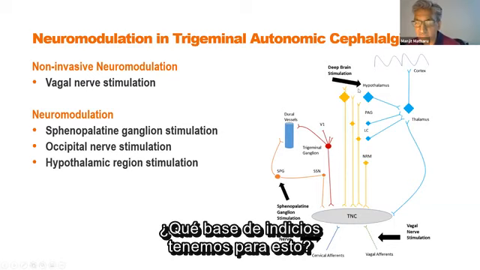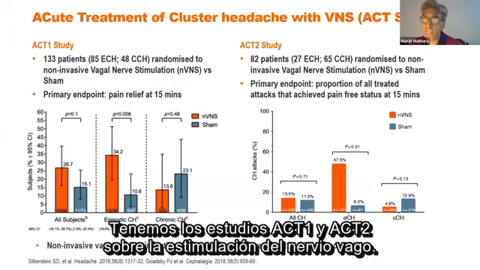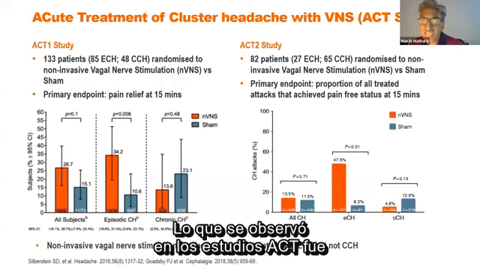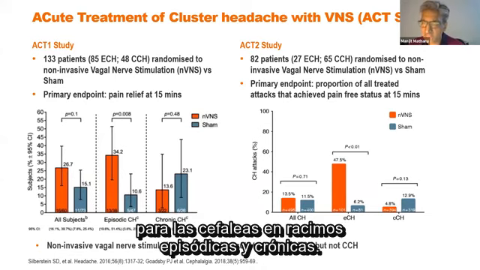So what is the evidence base we have for this? Most of the evidence base is on the non-invasive treatments. So we have the ACT 1 and the ACT 2 studies of vagal nerve stimulation. What the ACT studies did is look at vagal nerve stimulation as an acute treatment in both episodic and chronic cluster headaches.